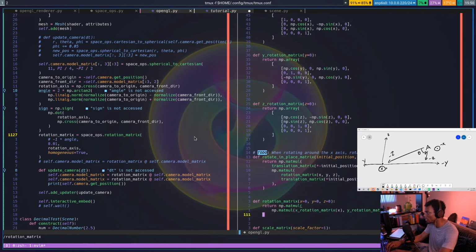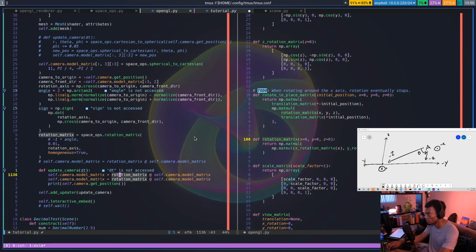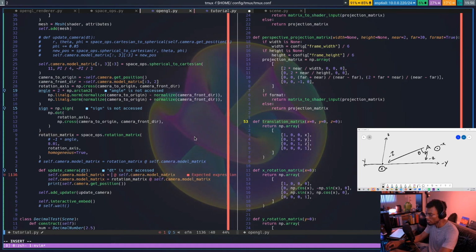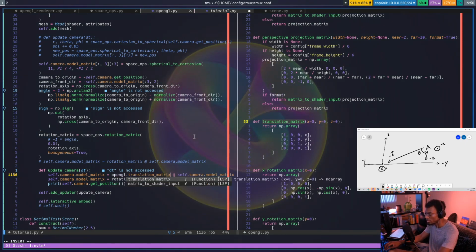I can just get a rotation matrix from here. Oh, but this doesn't take an axis. This takes XYZ. So what I want to do is OpenGL that translation matrix.